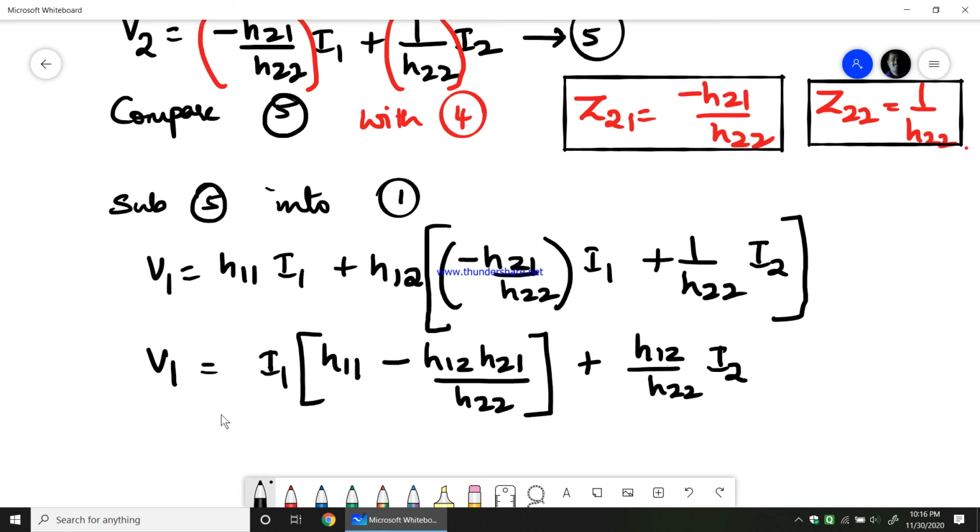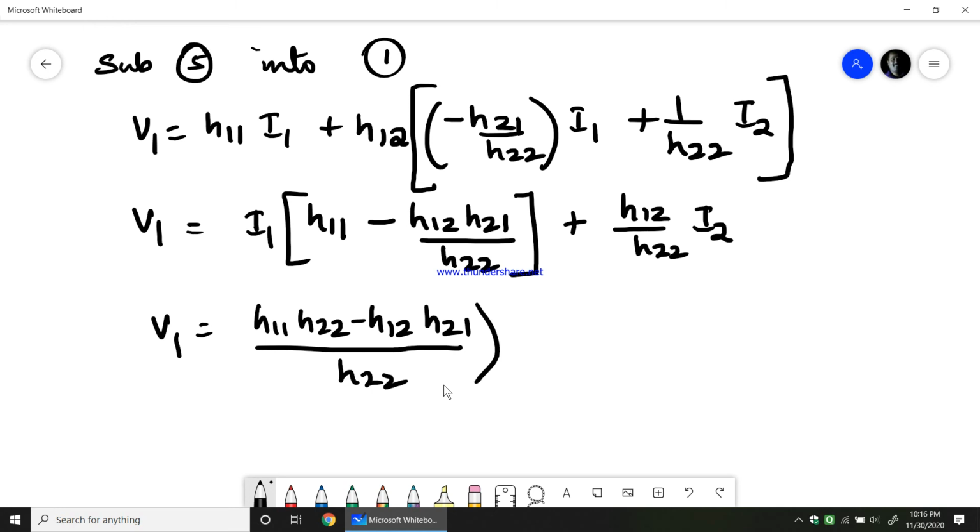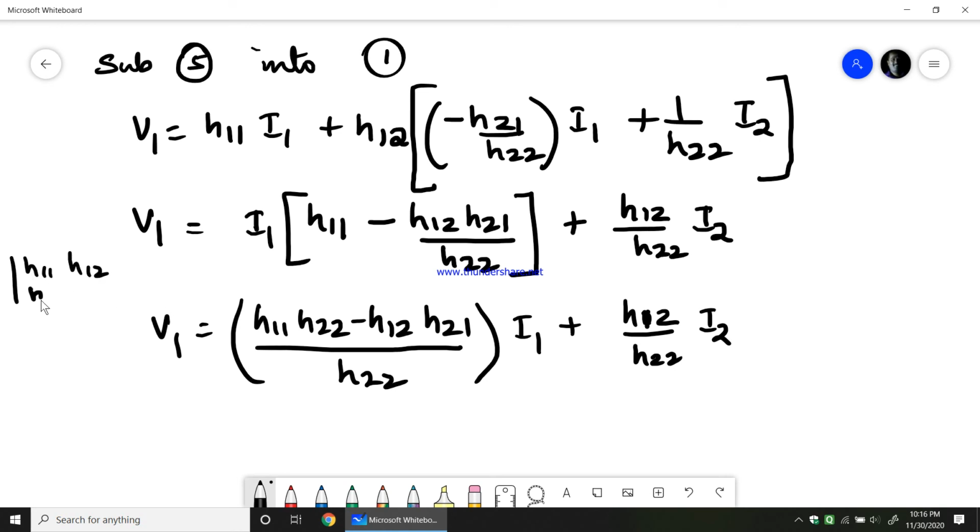Now V1 would be equal to H11 H22 minus H12 H21, whole thing divided by H22, multiplied by I1 plus H12 by H22 into I2. If I write H11, H12, H21, H22 in matrix form, the determinant of this would be H11 H22 minus H12 H21.